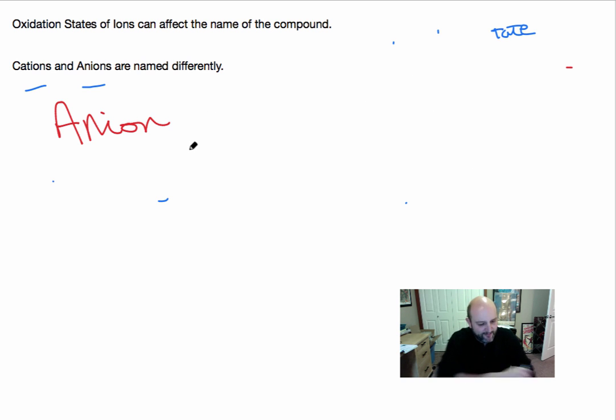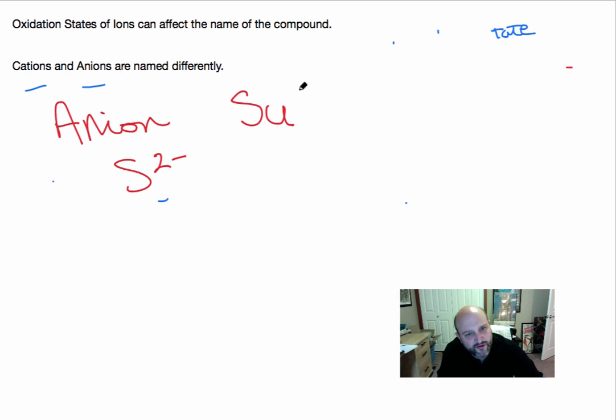So if it is an anion, however, for example, like I started earlier, S2 minus, then you change the end from sulfur, so you keep the prefix and the suffix changes to ide. So if an anion is S2 minus, this goes from sulfur to, we call this the sulfide anion.